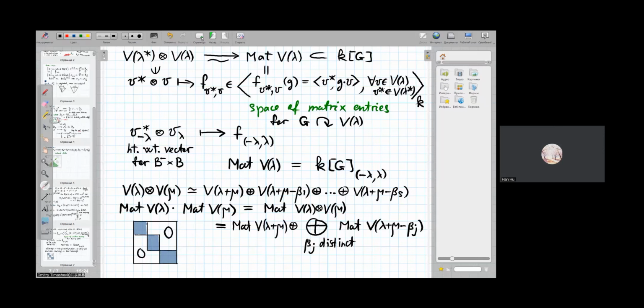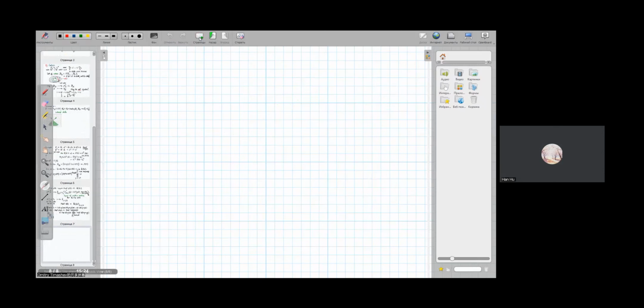So now let me also remind you about another notion in the structure theory of algebraic groups, or Lie groups, or Lie algebras. So we have the root decomposition. We have roots corresponding to the choice of the maximal torus, and positive roots correspond to the choice of the Borel subgroup in G. And there is also a notion of simple roots.